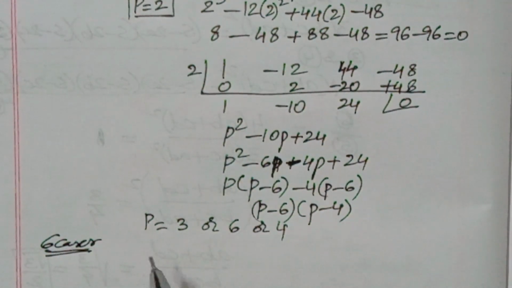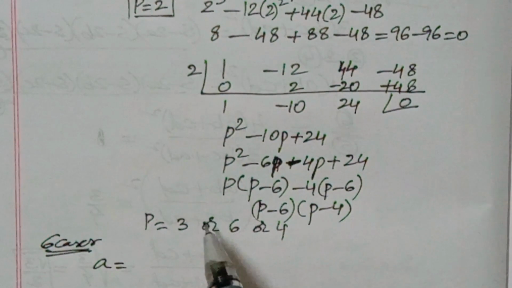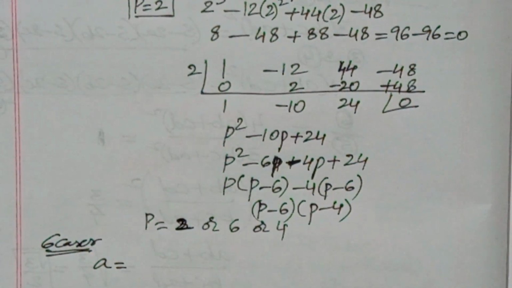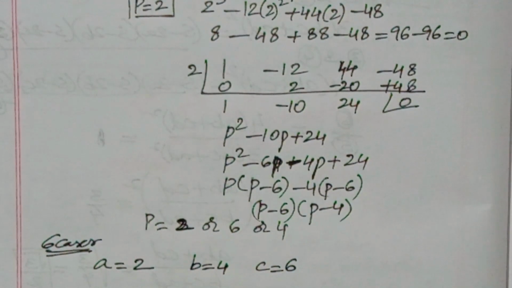First, a is equal to 2, b is equal to 4, c is equal to 6.